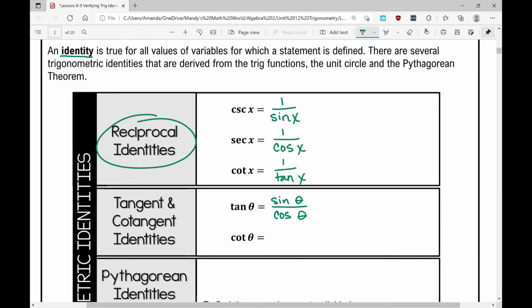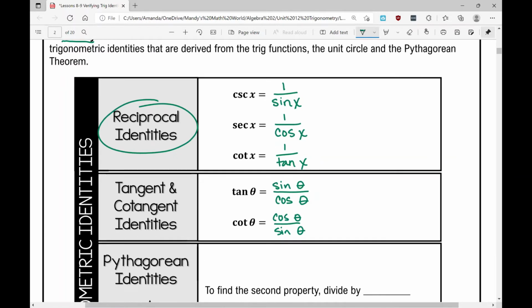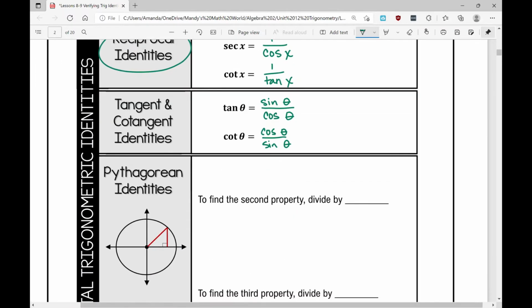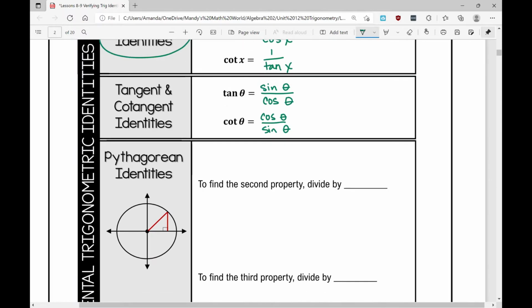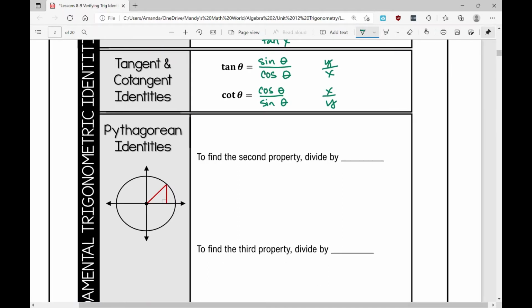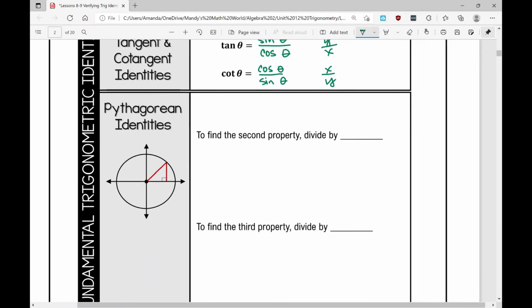Cotangent is the reciprocal of that, so cosine theta over sine theta. And again, you can write x, you can write theta. It's just know that it's sine over cosine for tangent, and it's cosine over sine for cotangent. And if you want to write y over x over here and then x over y, you can do that as well. Now let's get into our Pythagorean identities.